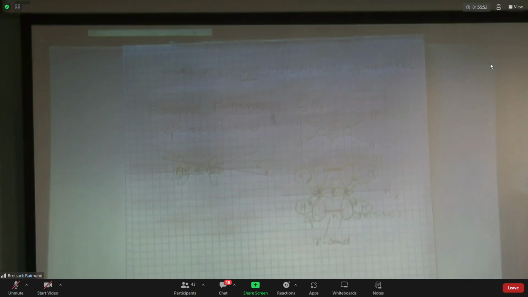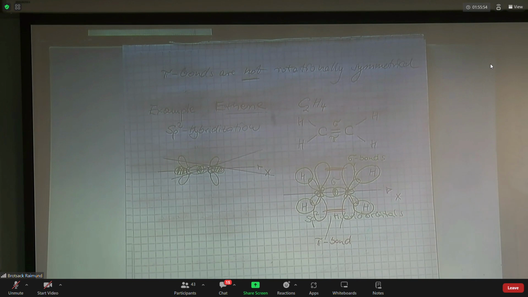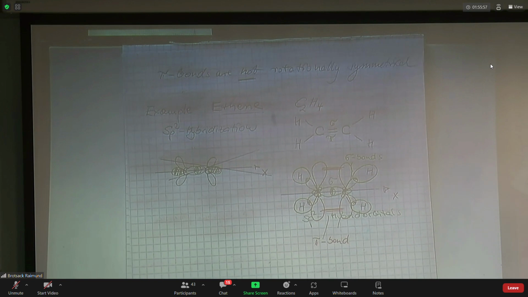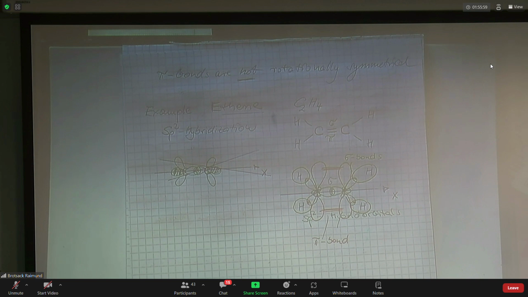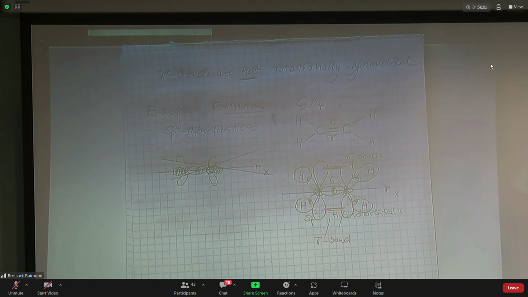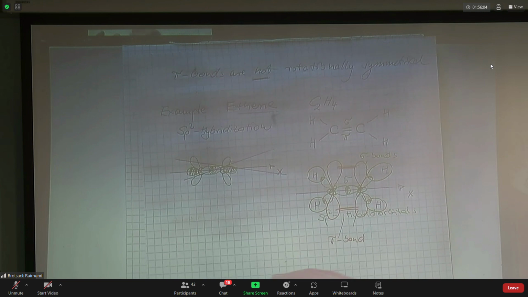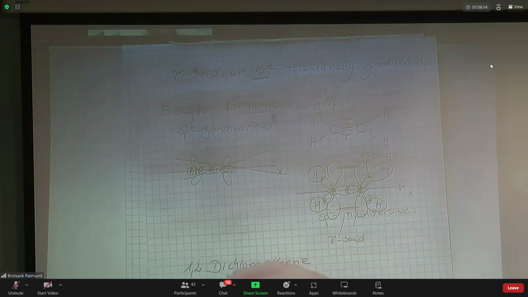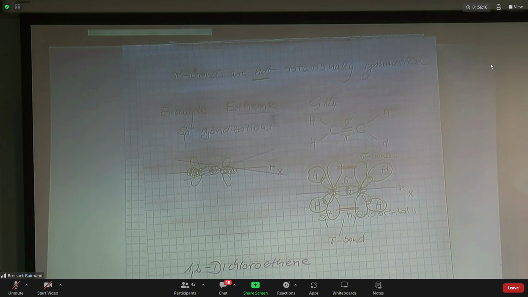Takes 3-4 minutes more. We'd like to talk about the 1,2 dichloroethene. So the name is 1,2 dichloroethene. Now I'm saying we have two different molecules possible with that name.